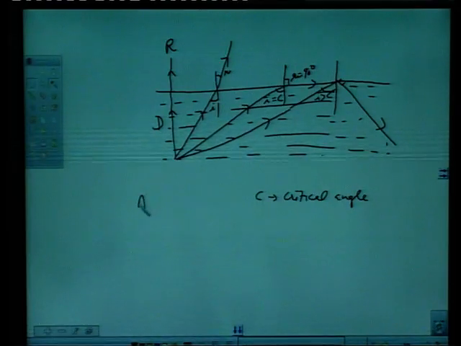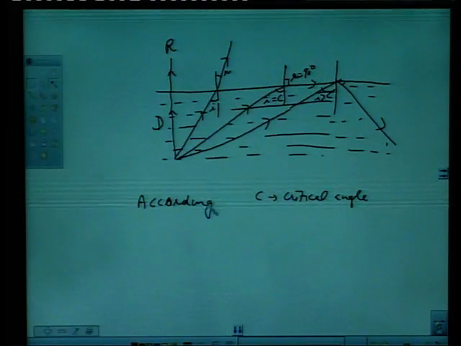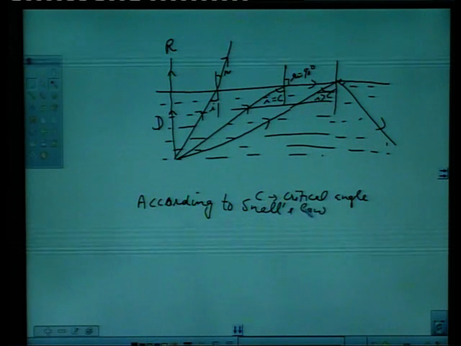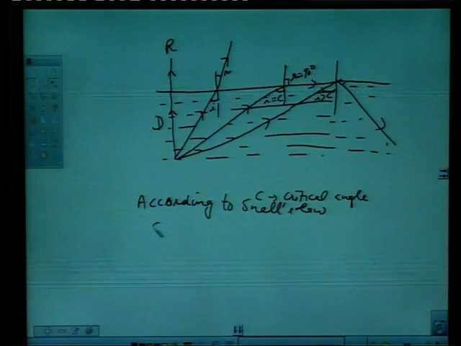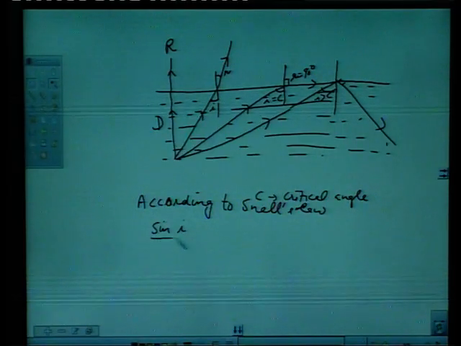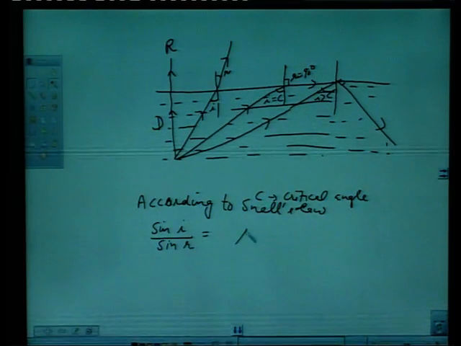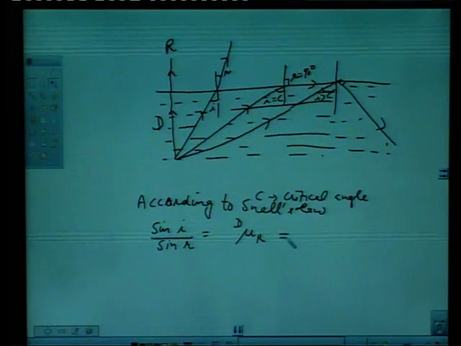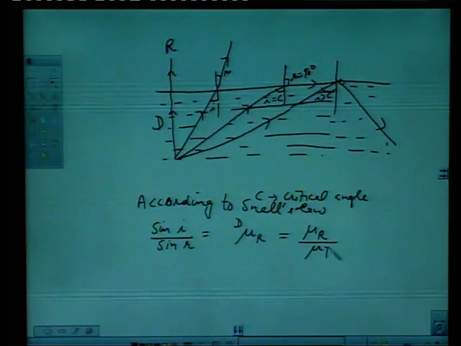Now, according to Snell's law, the law used for refraction, sine of I upon sine of r is equal to the refractive index of the rarer medium with respect to the denser medium, or we can write it as the refractive index of the rarer medium upon the refractive index of the denser medium.